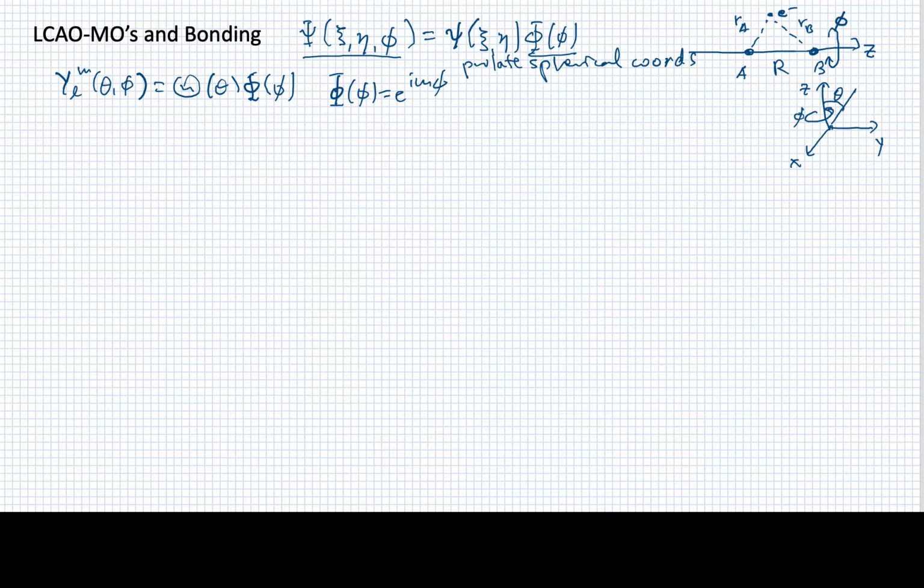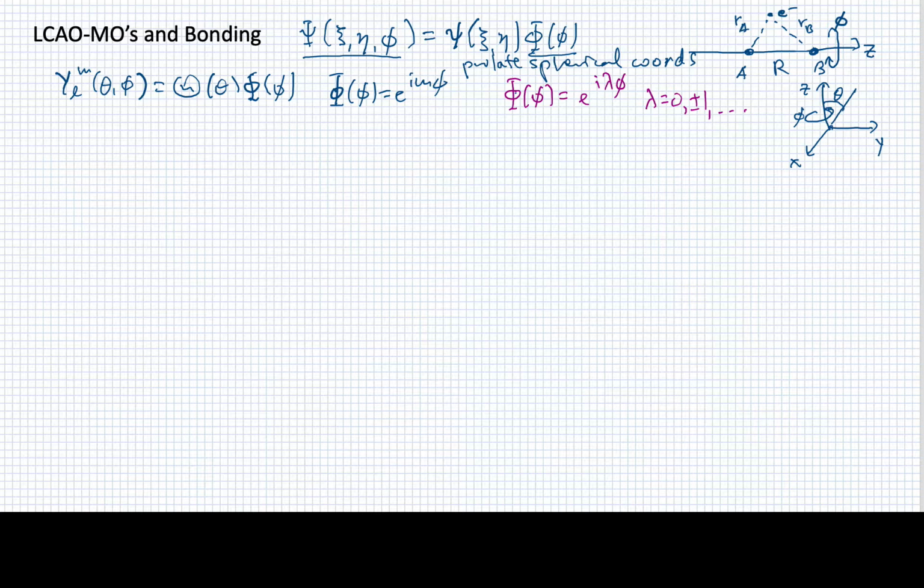It turns out the same is true for the H2 plus ion in this molecular case, where now our phi, and I'm going to use a different color to emphasize it, is going to be written as e to the i lambda phi. And again, lambda is equal to 0, plus or minus 1, and so forth. So just like m, it has those same values.